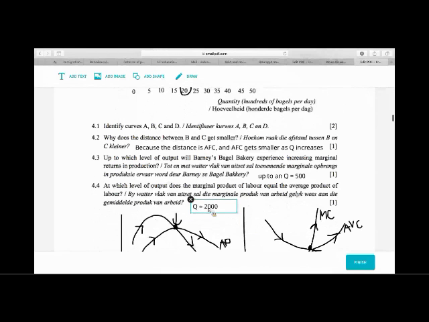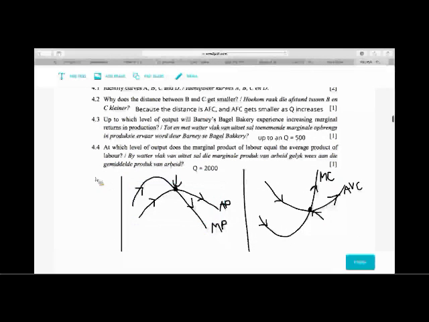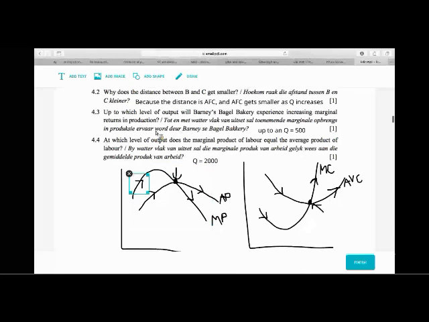For 4.3, we can also use these pictures. The question asks, up to which level of output will Barney's Bagel Bakery experience increasing marginal returns in production? So marginal product, which is the same as marginal returns in production, is increasing when marginal cost is decreasing.